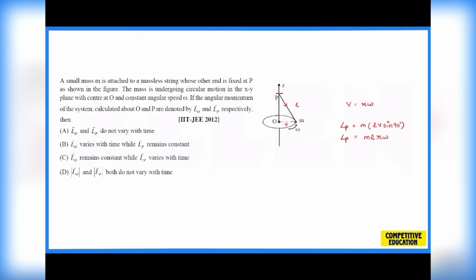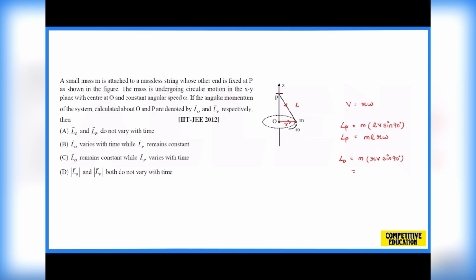Now calculating the magnitude of the L_O vector, this can be written as m. The r vector will be like this, so I can write this as r V. Again, the angle between the r vector and the velocity vector, which is inside the plane of paper, will be 90 degrees, so I write sin 90.